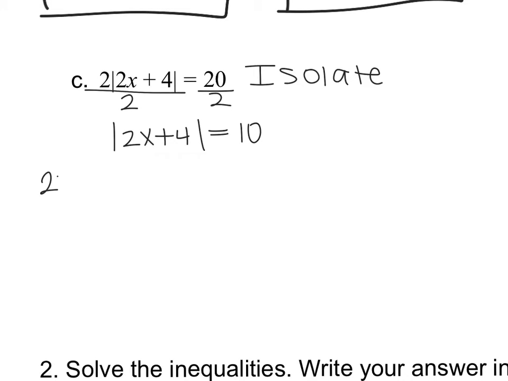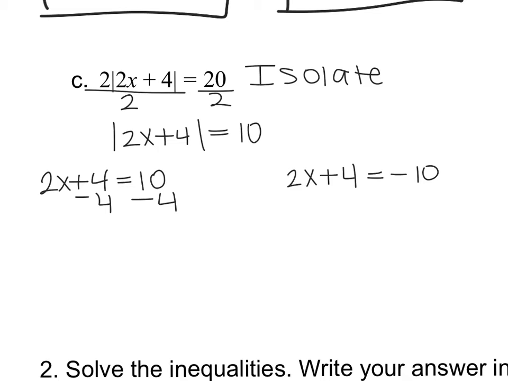So my first equation is going to be when 2x plus 4 equals 10. The second equation is going to be when 2x plus 4 equals negative 10. In the first equation, we're going to subtract 4 from both sides. So we get 2x equals 6.